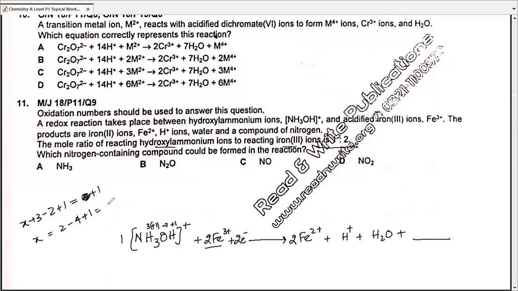Yeah, everything's correct. It will be plus, so 3. What? -1 for nitrogen. For nitrogen? Yeah, nitrogen. See, this +3 is for hydrogen. This -2 is for oxygen. This +1 is for this hydrogen. This +1 is the overall charge of the ion. Make sense? And X is something we need to find out for nitrogen.